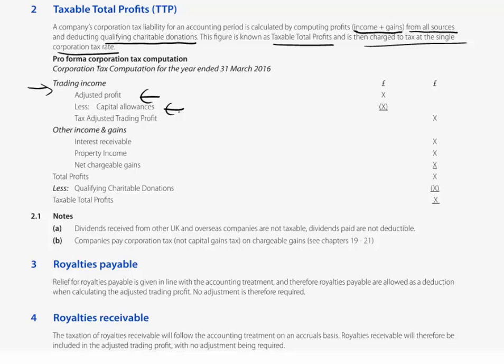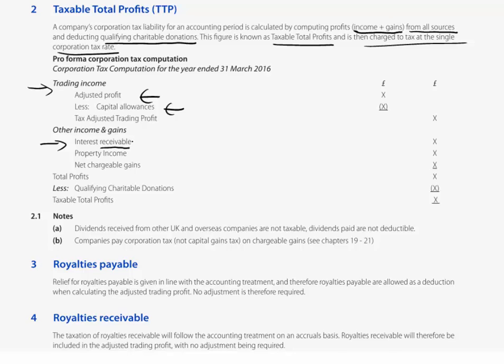If the company does have other income or gains, then they too must be included. Now, what other types of income might it have? Well, like an individual, it might have interest income. But here, when working with corporate tax, we work on an accruals basis. It is interest receivable that we will include here. Remember, when dealing with income tax, we looked at interest received. Not so in corporate tax.